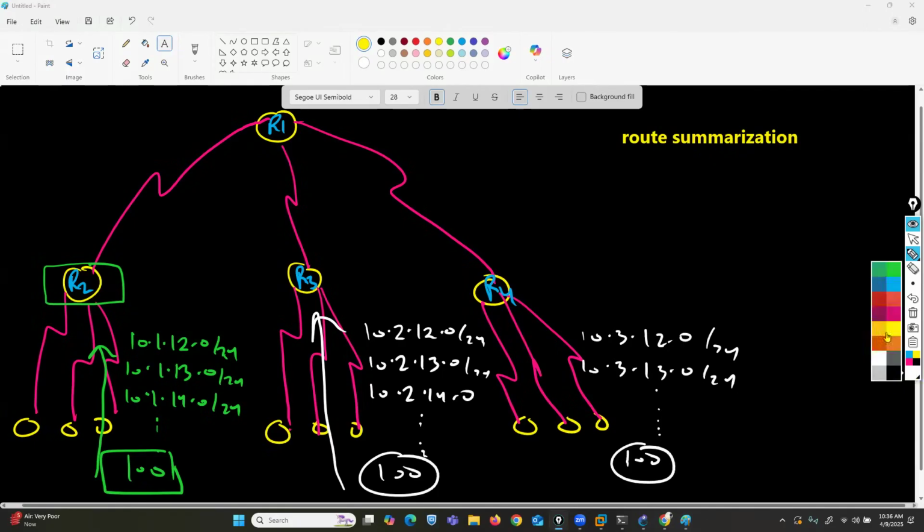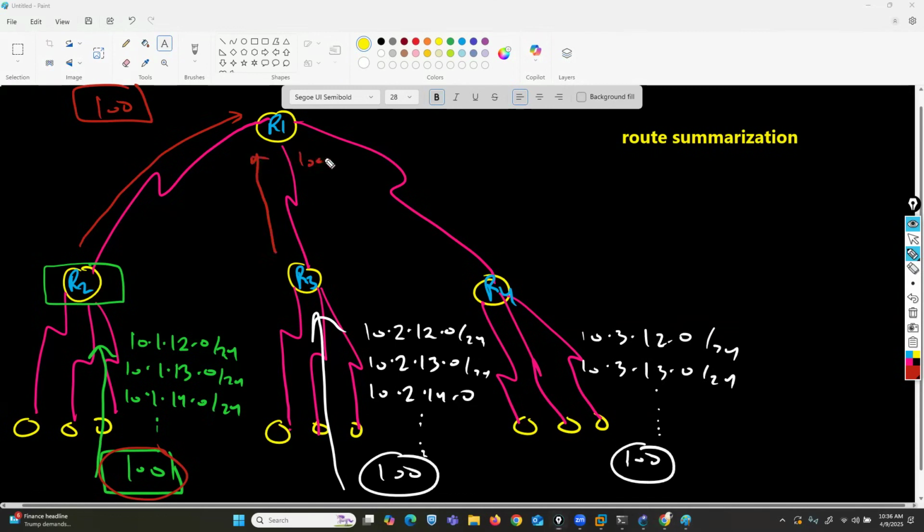So when R2 is receiving 100 network information, R2 is sharing these routes with R1. Now R3 is sending 100 network information to R1. Same, R4 sends 100 network information to R1.